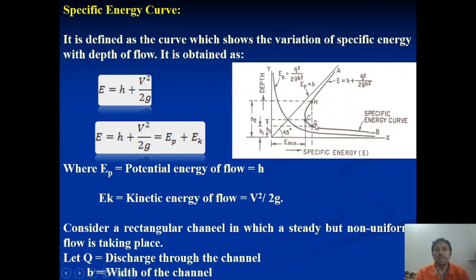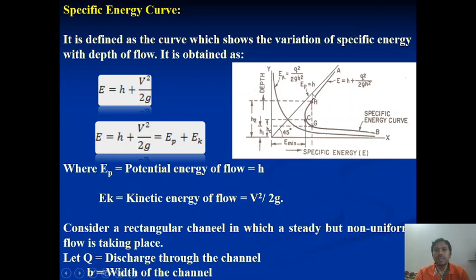For example, if I take the point G, this point G consists of two different types of energy. One I measure from the horizontal axis, which is the depth of the water, denoted here by, for example, H1, and the second one we measure from this inclined line, which we consider as EP equal to H.